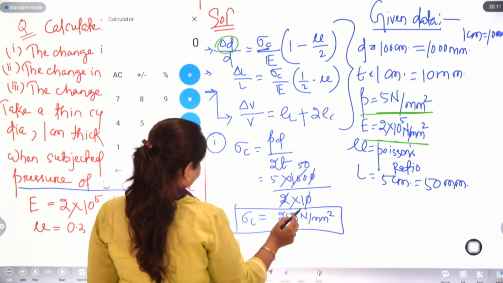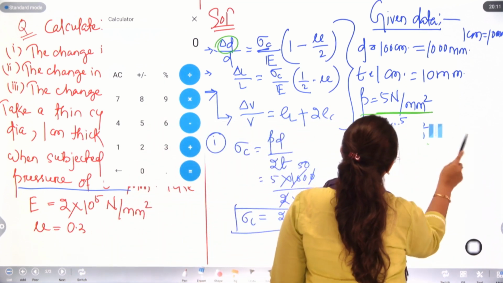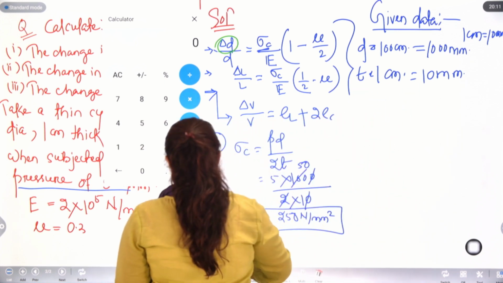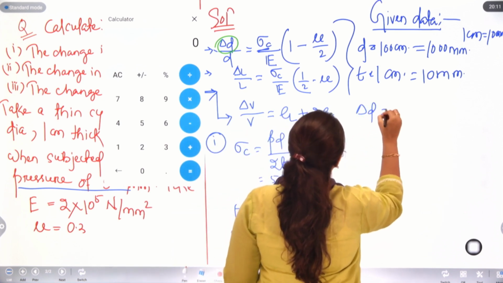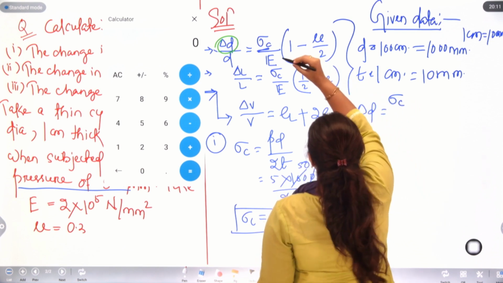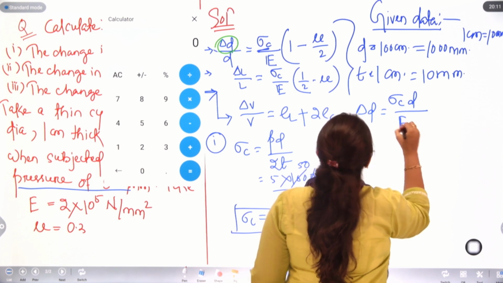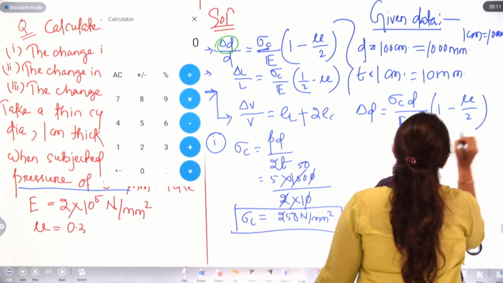Here we will put the formula and we will get the value. Sigma c, we can write sigma c multiply with D upon E into 1 minus mu upon 2.